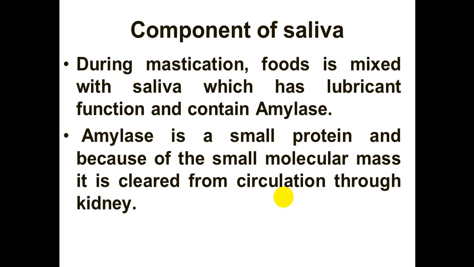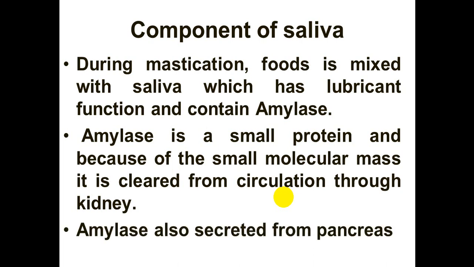Amylase is also secreted from the pancreas, which is the main source of elevated serum amylase activity, while the main source of the enzyme in normal subjects is the salivary gland.